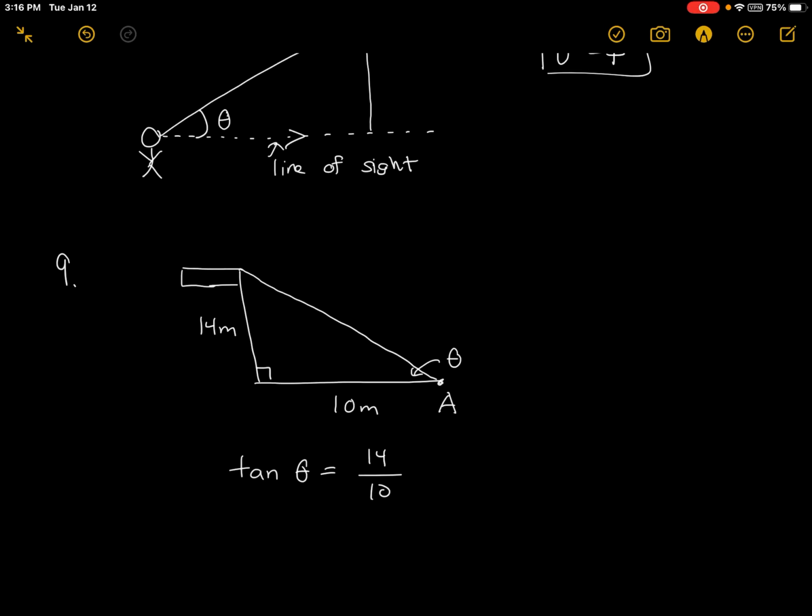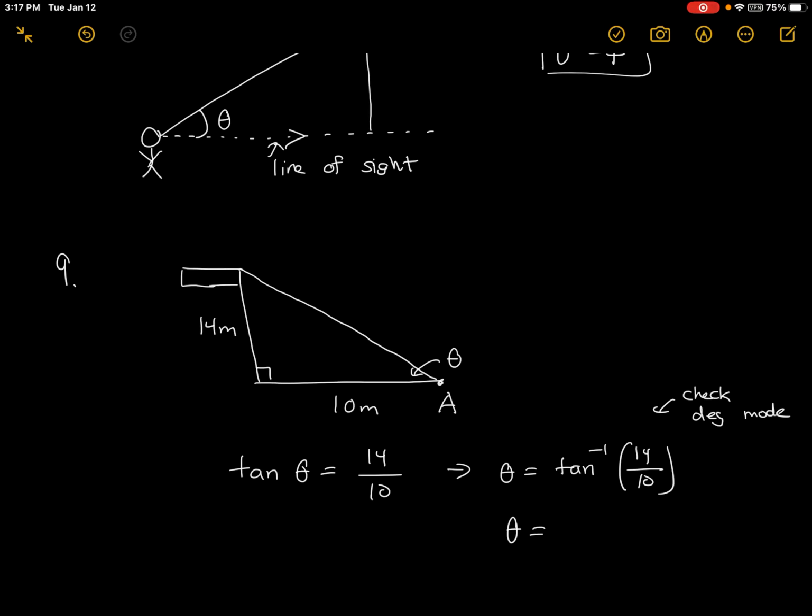14 over 10. And the way you get theta by itself is you have to take the tan inverse of 14 over 10. Now, when you're doing this on your calculator, make sure you are in degree mode, okay? Check that you're in degree mode in your scientific calculator. I'm just going to enter this: tan inverse.